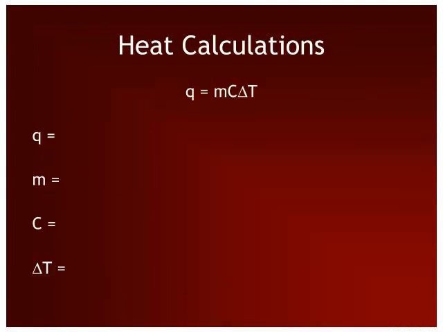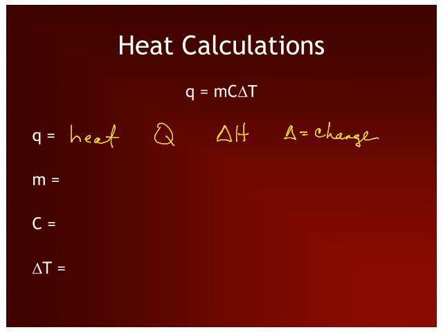So one of our calculations for this chapter is being able to do heat calculations. And the formula that we're going to be using is Q equals MC delta T. And Q here stands for heat. Occasionally you might see it referred to as a big Q, or sometimes you might see it referred to as delta H, which would mean the change in heat, because delta, the triangle, means change, and then the H standing for heat.